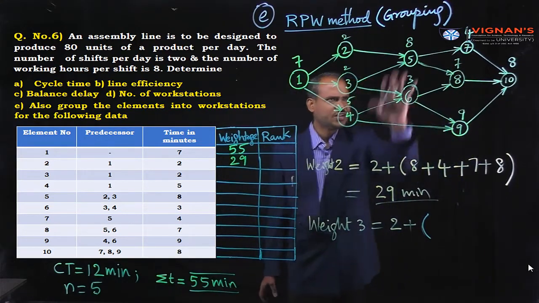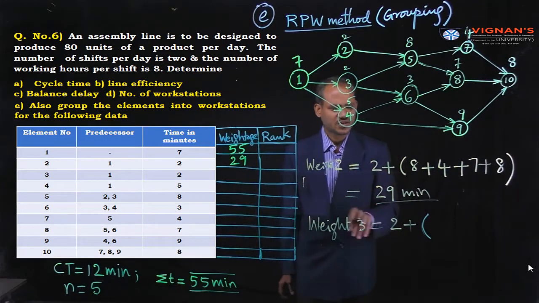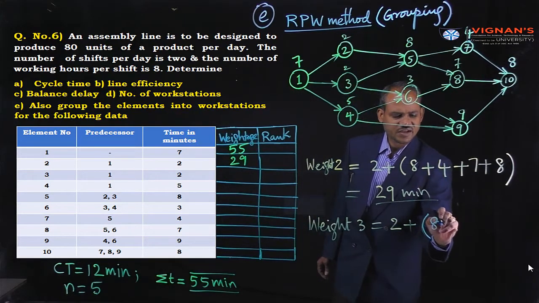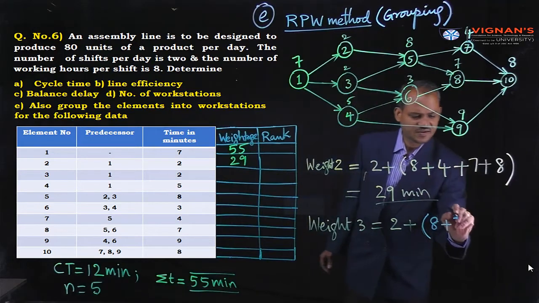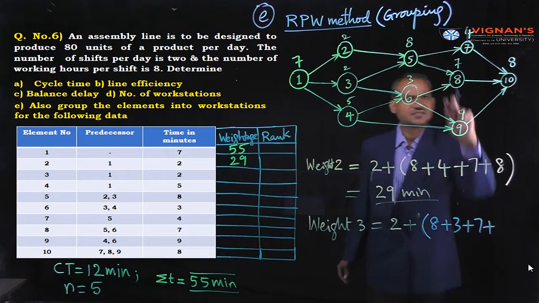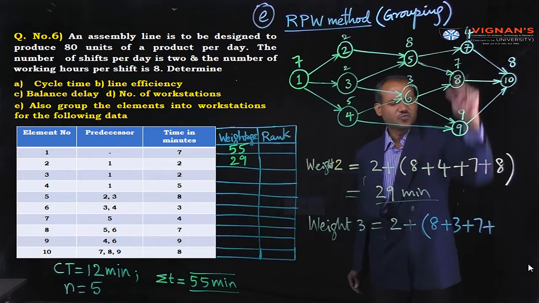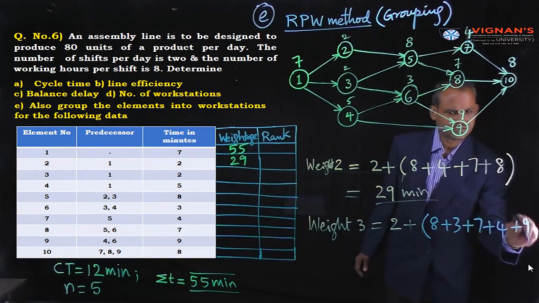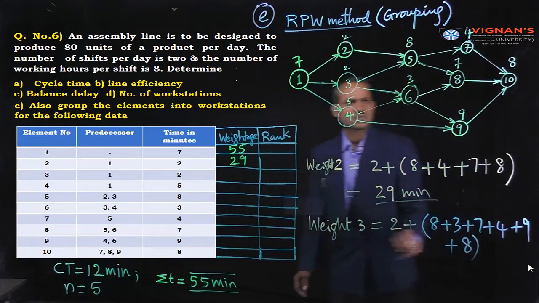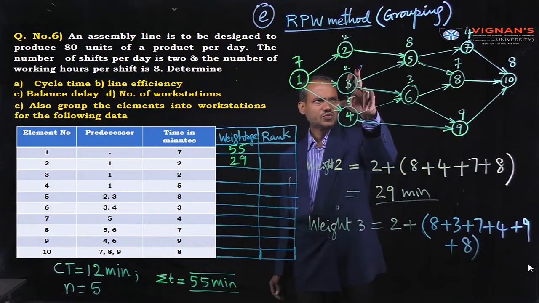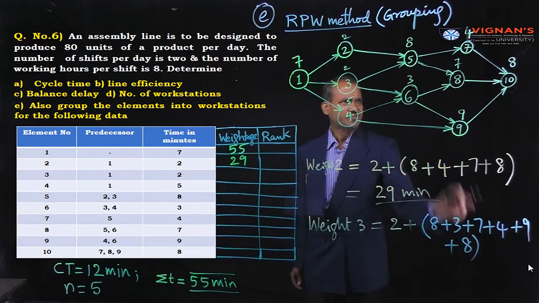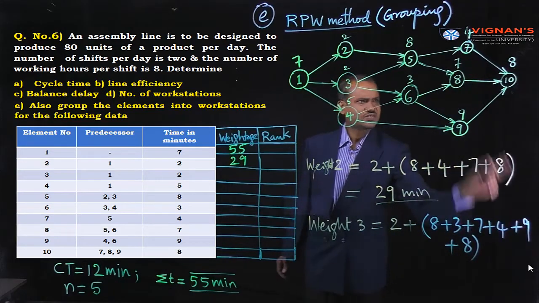So the sum of all these element times: 2 plus 8 plus 3 plus 7 plus 4 plus 9 plus 8.